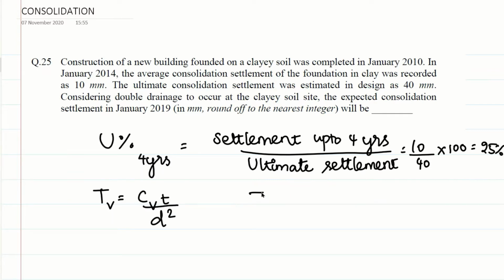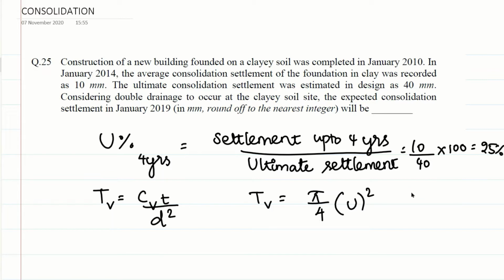And another formula in terms of degree of consolidation is Tv is equal to pi by 4 U square, where you have to substitute U in terms of fraction. So this formula is applicable up to 60% degree of consolidation. So using this formula, find out time factor, and from this time factor you can find out how much is Cv t by d square.